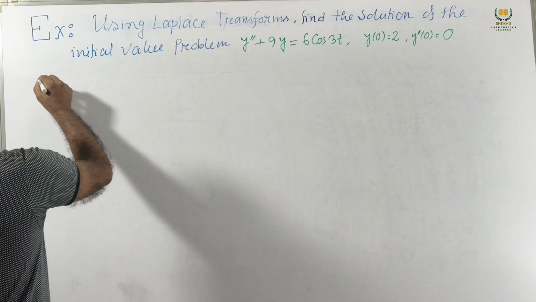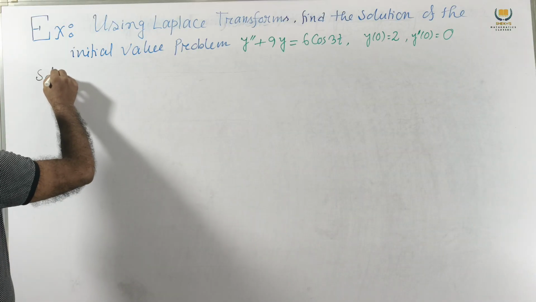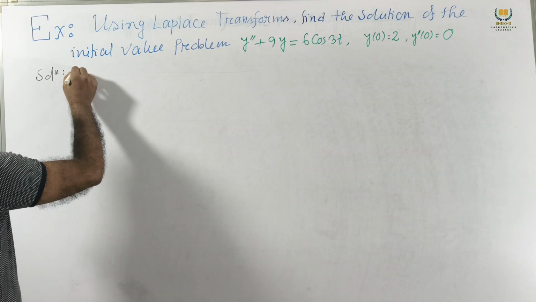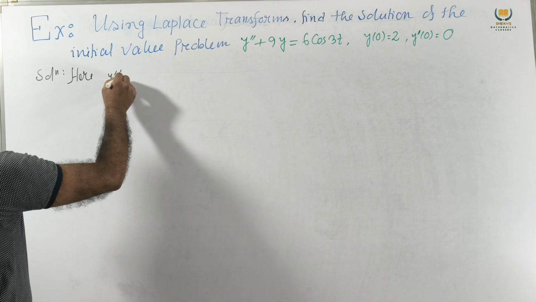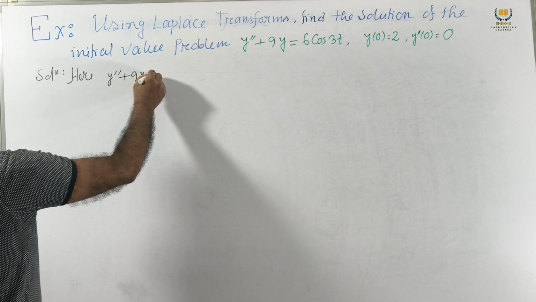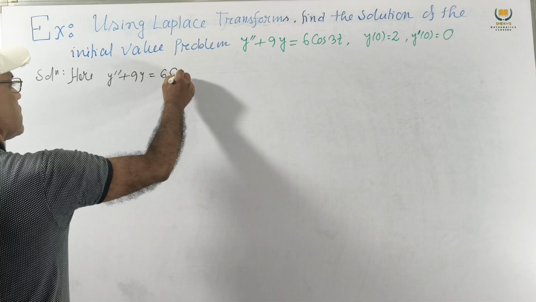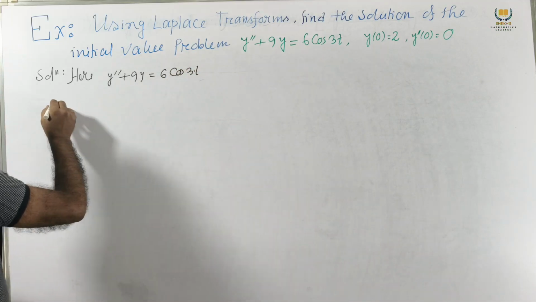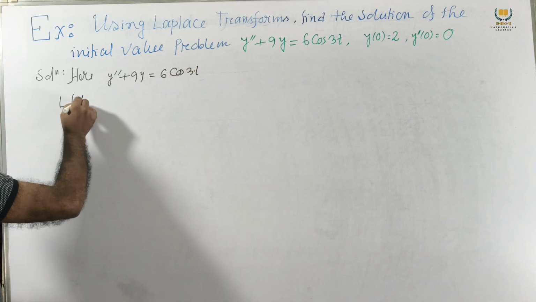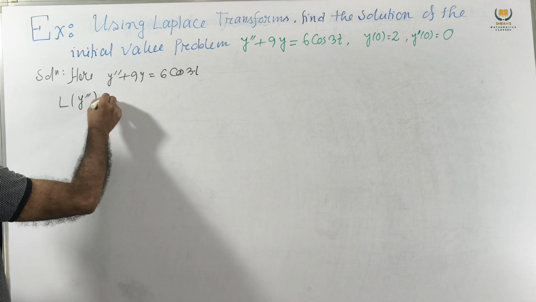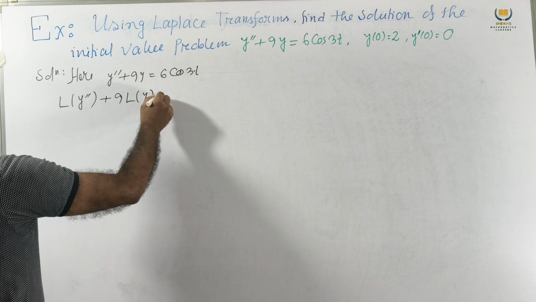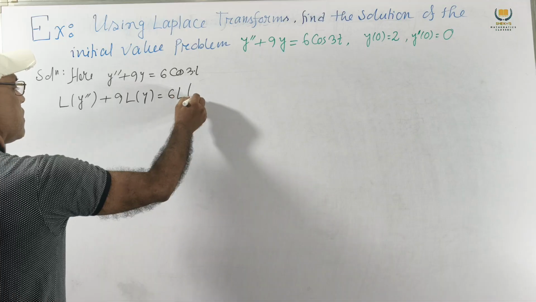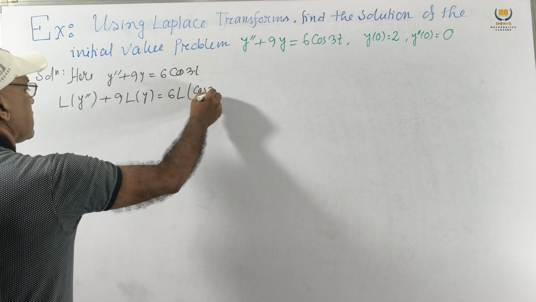Solution. Here, y double dash plus 9y equal to 6 cos 3t is given. Taking Laplace transform on both sides, we get L of y double dash plus 9 L of y equal to 6 L of cos 3t.